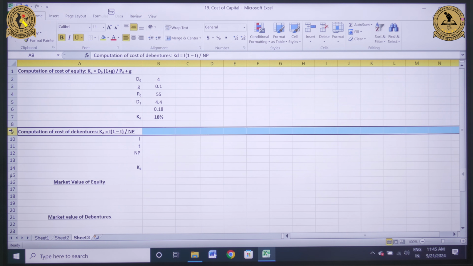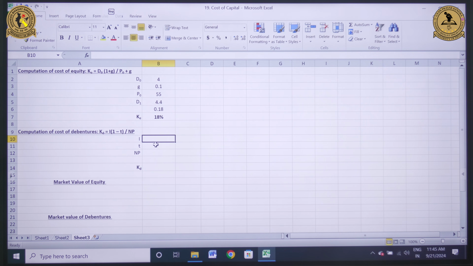The formula for the computation of cost of debenture, that is Kd, is equal to interest multiplied by 1 minus T divided by net proceeds. Now in this numerical, my interest is 10 rupees, tax rate is 30%, and since the issue price is not given in this question, it will be equal to the current market price.